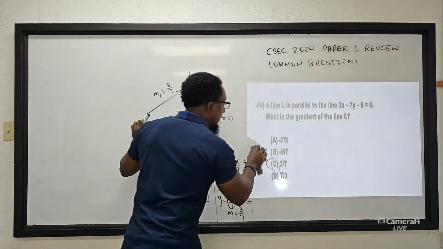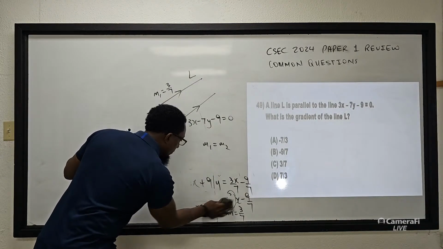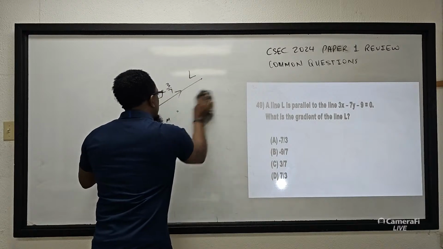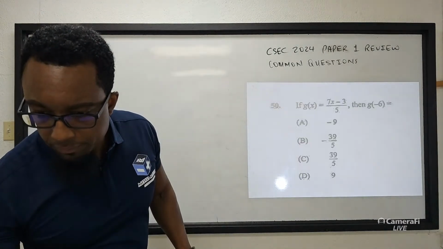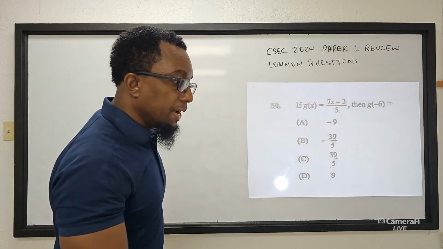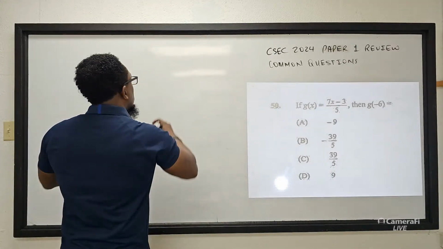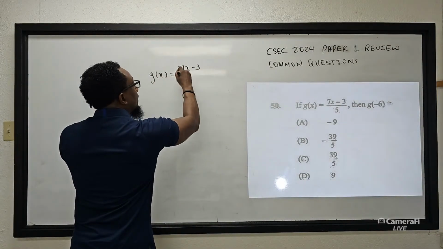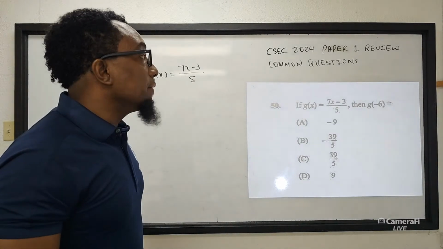Let's look at 15. So 15, right, another very, very common question. g of x is equal to 7x minus 3 over 5. What is g of negative 6?